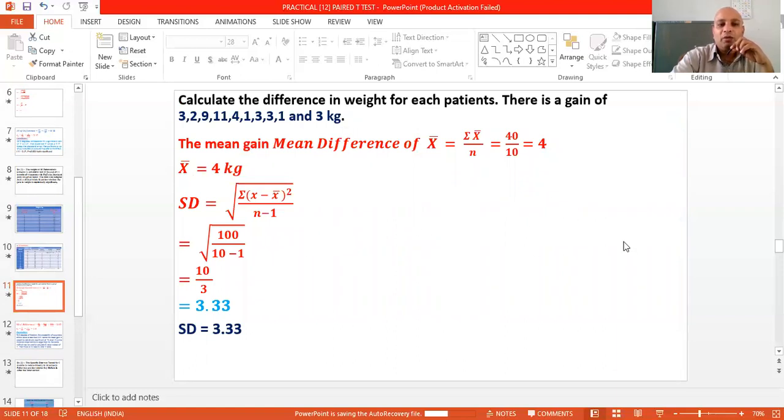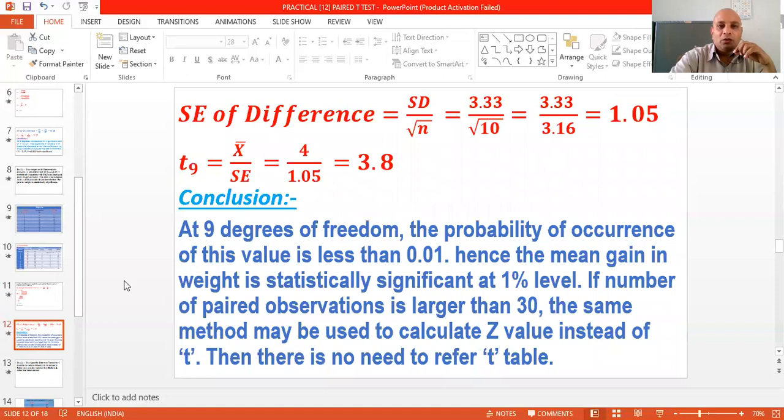Then calculating standard deviation with the formula SD is equal to under root summation of x minus x bar squared upon n minus 1. Then SD is 3.33. Then the standard error of the difference is 1.05.